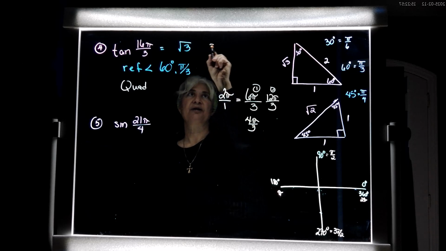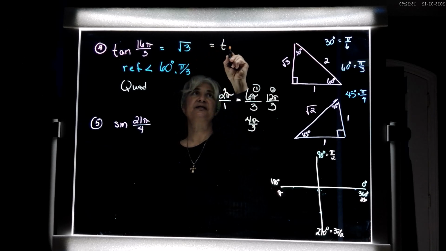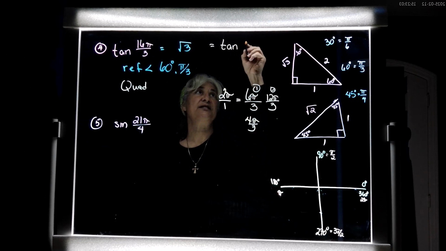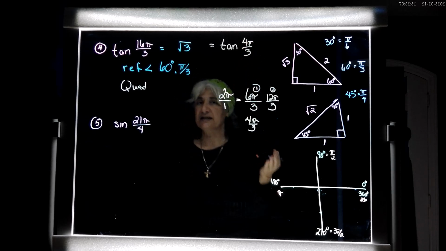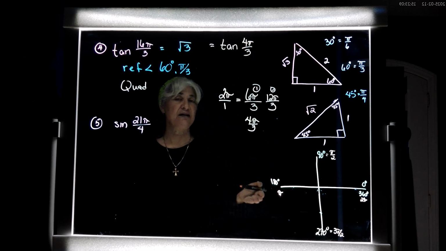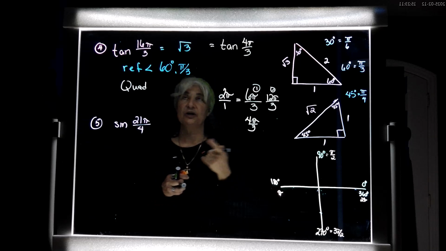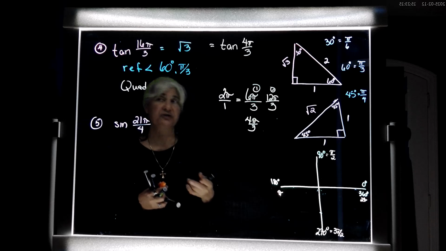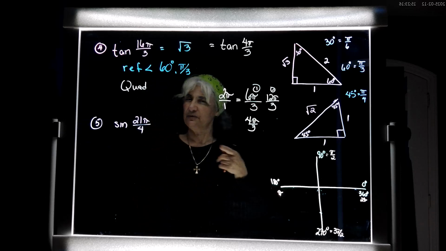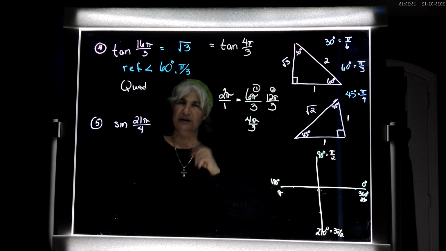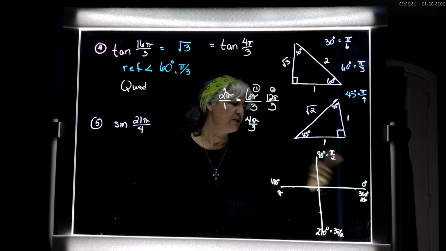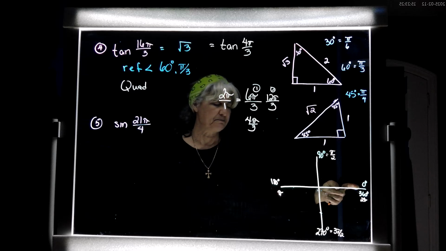So if you think about it, taking the tangent of 16 pi over 3 is equivalent to taking the tangent of 4 pi over 3. They fall in the exact same place is what this is telling me. So I just have to figure out where 4 pi over 3 is located. Which quadrant, right? Now I think we've spoken about that one before, but let's refresh our brains. So we're once, twice around the circle.